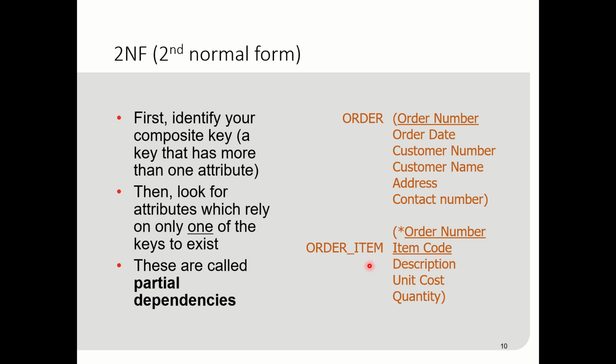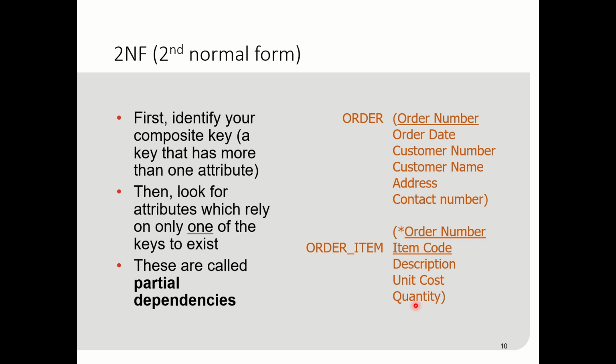Okay, so now when you look at it, you are taking this description, unit cost, and quantity. So description is exactly of the description of a particular item, and unit cost is exactly that of a particular item, right? But what about quantity? Yes, quantity means, say I am buying so and so quantity. Say if I'm going to buy a particular biscuit, and that biscuit is part of an order, okay?